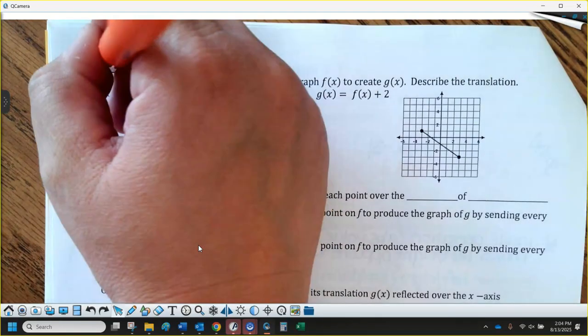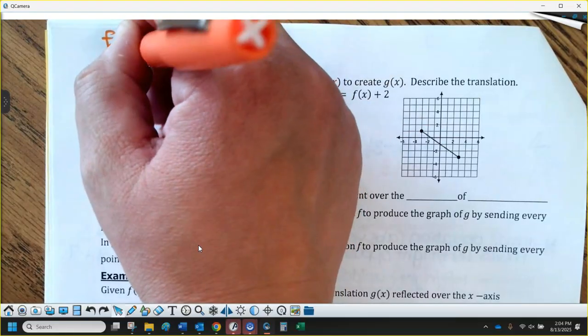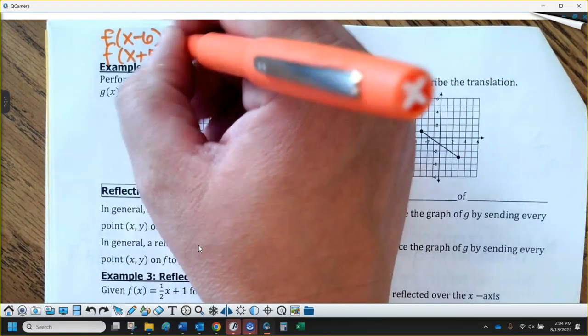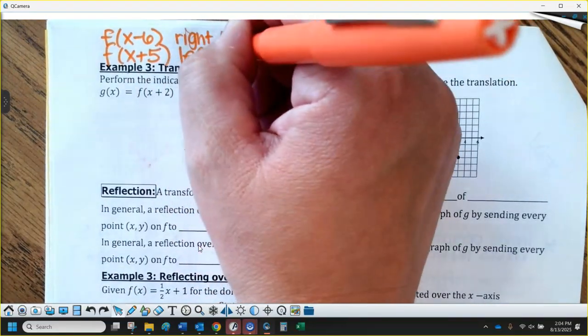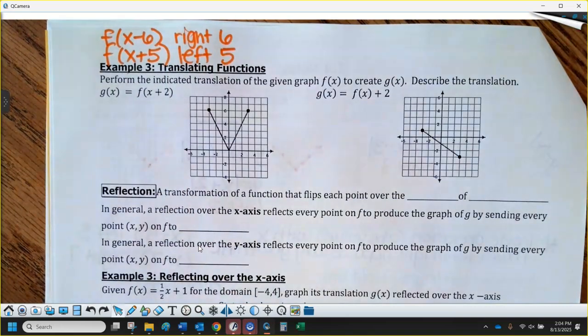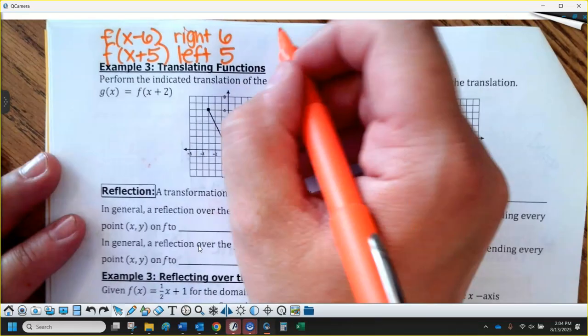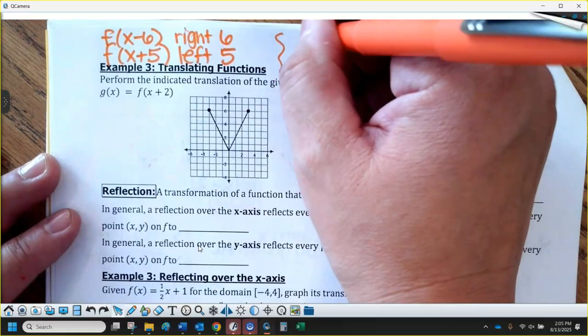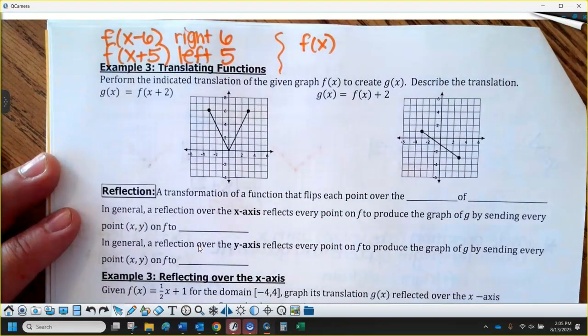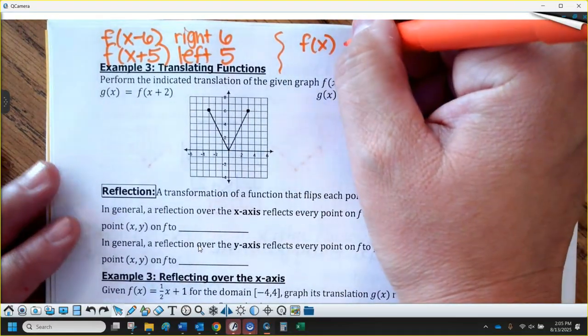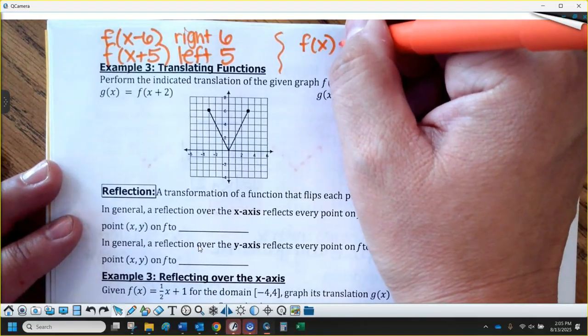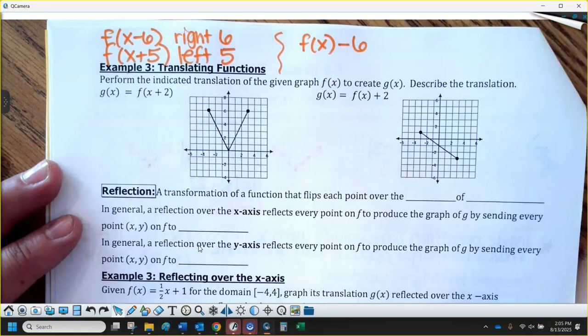If I had something like this, let's say I had x + 5, I don't know, that would go left 5, just so you guys can see the notation. So if it's inside parentheses, it's going to go left or right, the opposite way you think. All right, for the vertical, let's say I had just f of x on its own, and then outside, let's say I had minus 6.